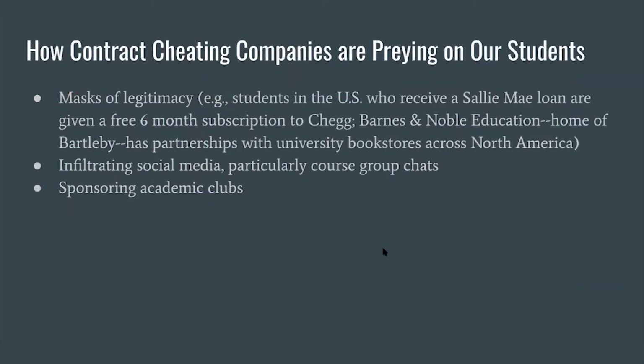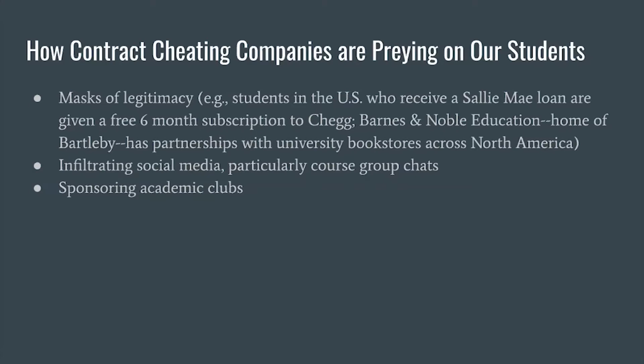So how they get away with it and how they are preying on our students: they have masks of legitimacy. For example, in the US, one of the major student loan providers is a company called Sallie Mae. Pretty much if you have a student loan in the US, it's from Sallie Mae. Well, Sallie Mae is giving you a free 6-month subscription to Chegg when you get that loan.